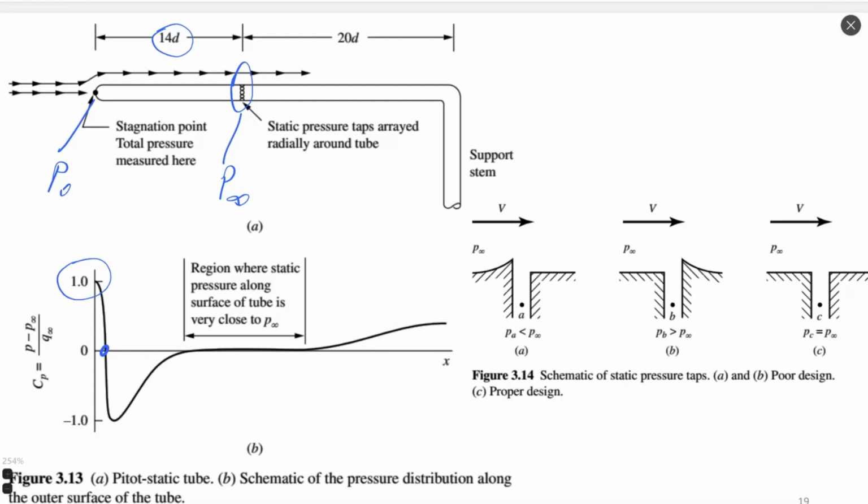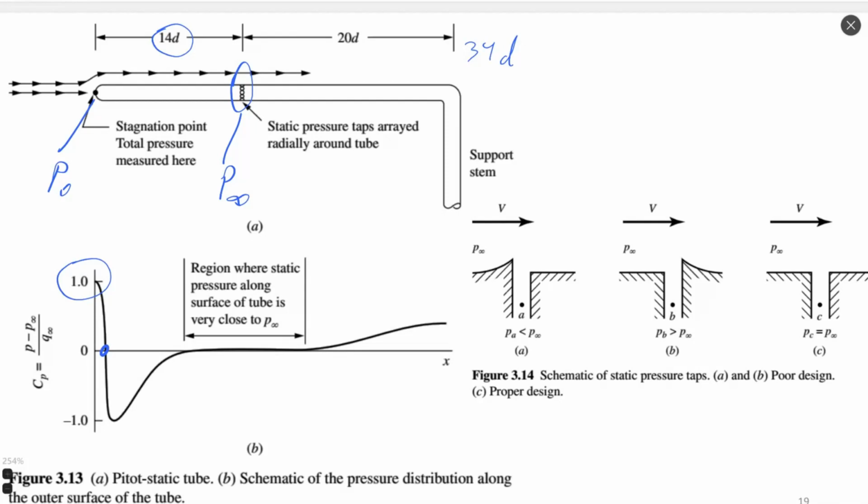Okay, and at the same time, this probe is recommended to have 34 diameters in total, and then it has a curvature and goes outside of the test section.